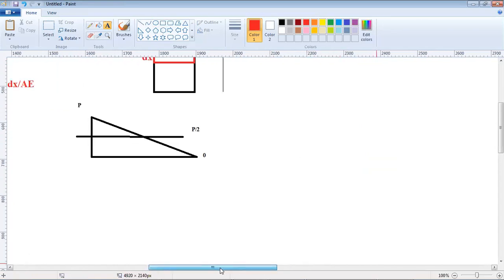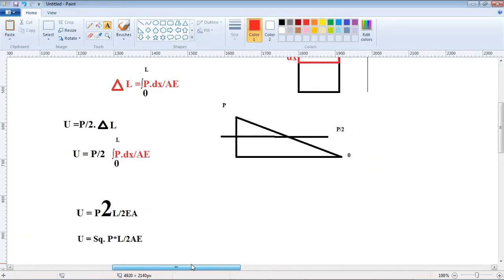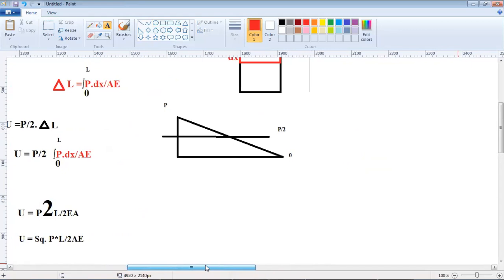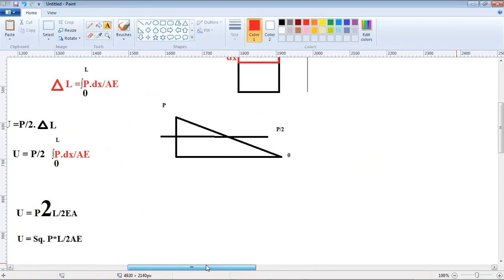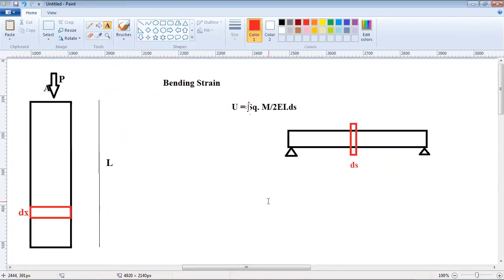So you will have to remember this. The strain energy in the axial member is P square L by 2AE, and for bending strain, it is M square by 2EI into ds. Similarly, you can have for shear and torsion, and we will not touch that here.